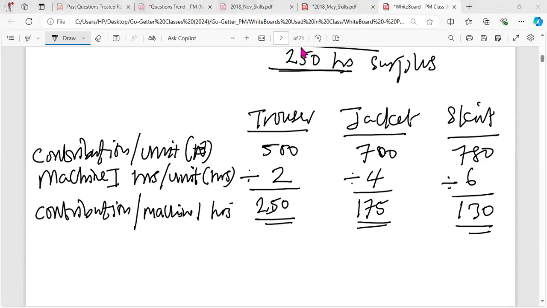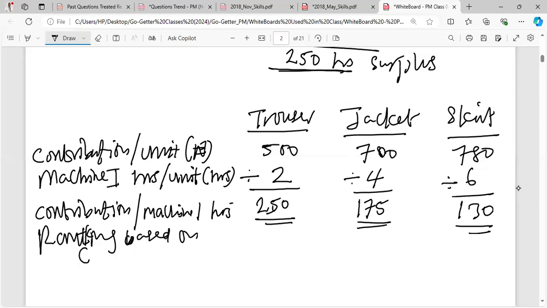All right. So looking at this, we will now need to do ranking based on contribution per limiting factor. Normally, if we are ranking based on just contribution per unit, this 780 would have been ranking first, followed by jacket, which is 700, and followed by trouser.